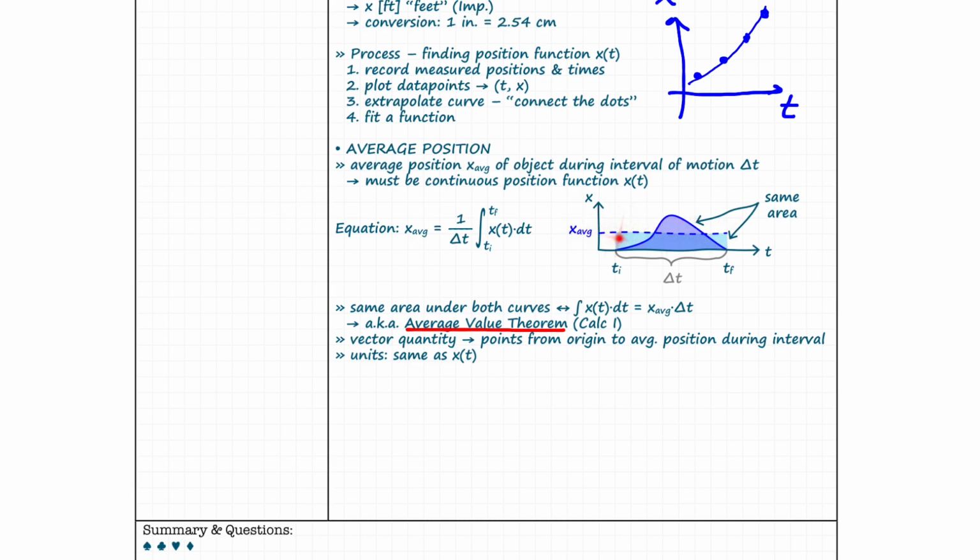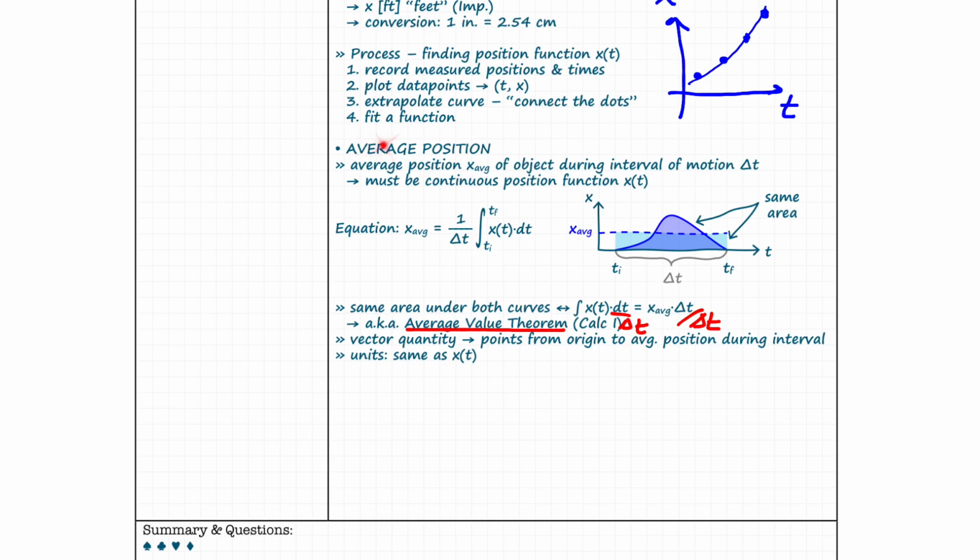So the area under this horizontal line is a rectangle. It's the length times the width. The area under the arbitrary position graph is the integral of those. We divide both sides by t, by the width of the interval, and we end up with this equation here.